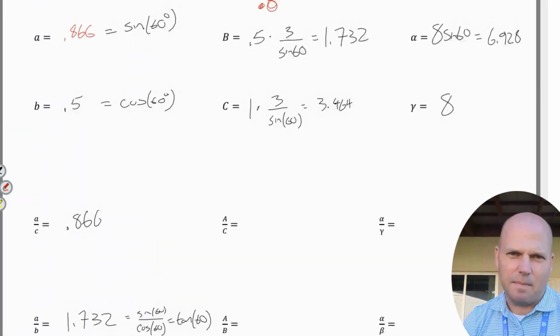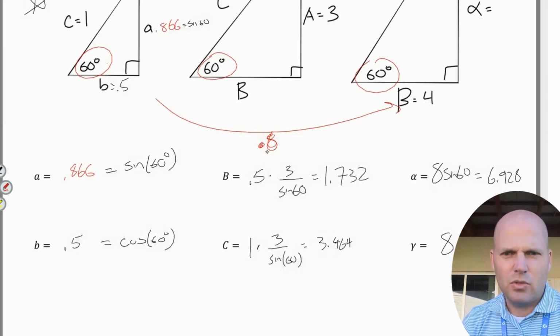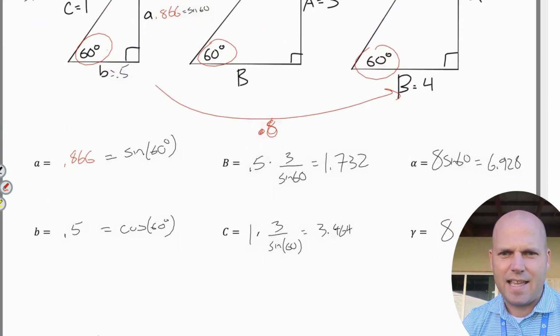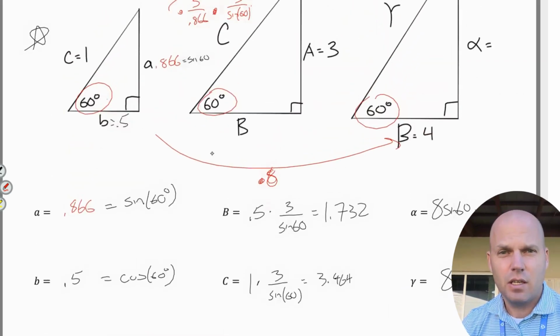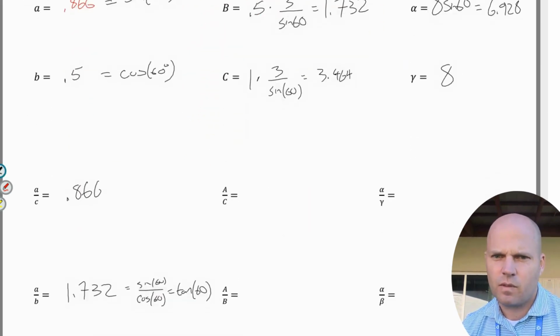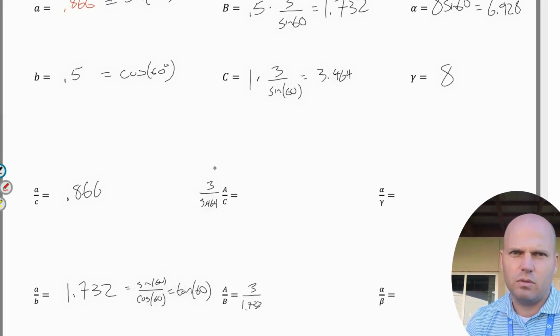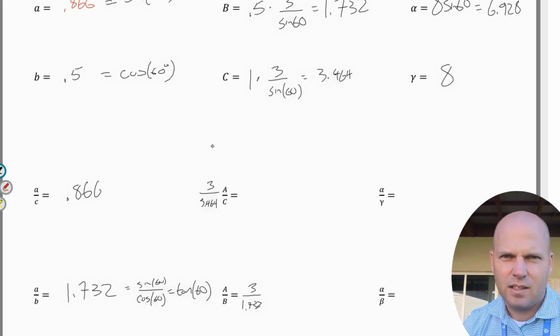That's crazy. All right, cool. Let's use our values here. We got that A is 3, C is this 3.464. Cool, let's divide those two. We got A is 3, B is 1.732. Cool, cool. Let's get that.